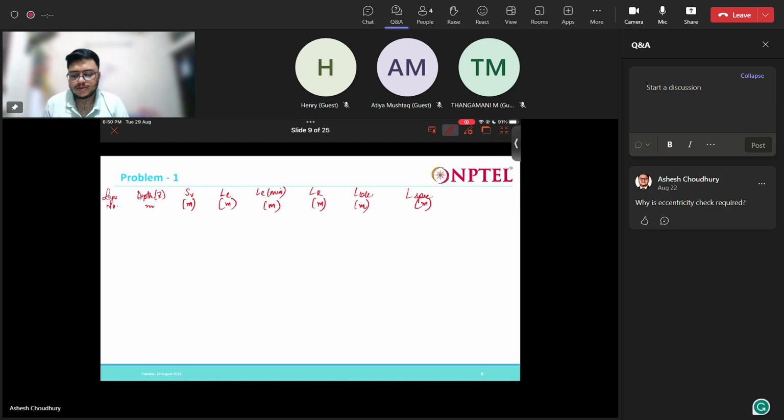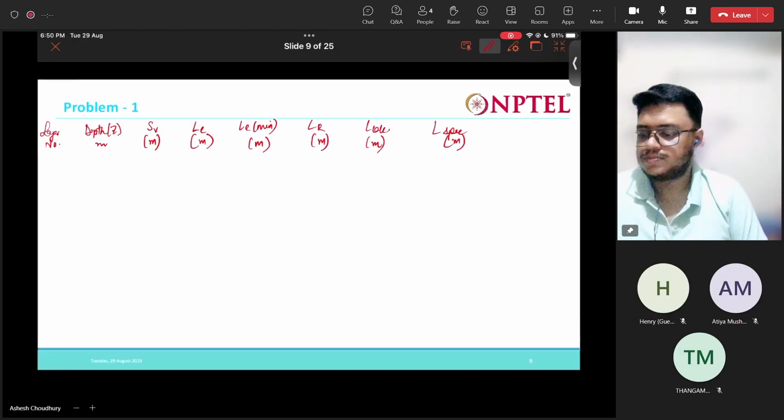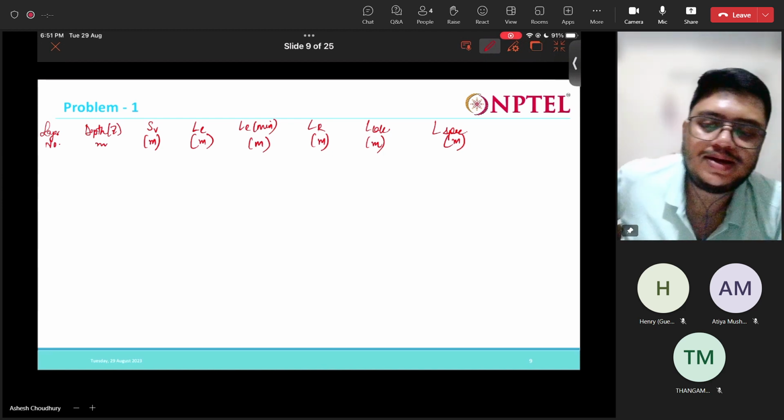Now, can you tell me what is LE minimum? What is the minimum embedment length that we should provide?